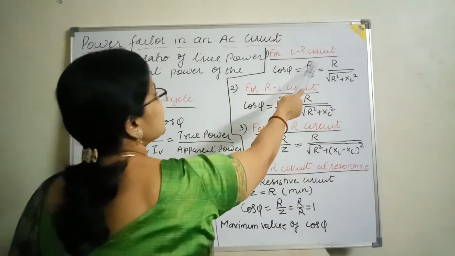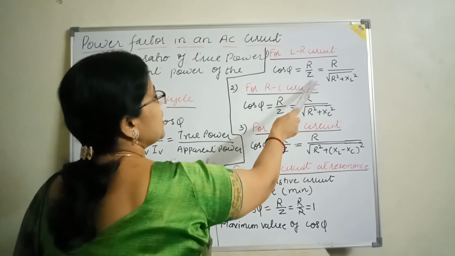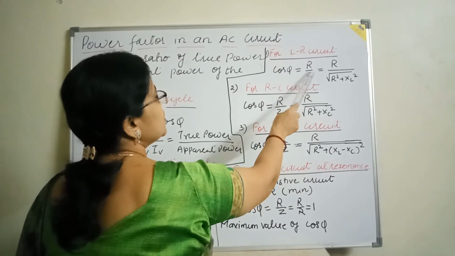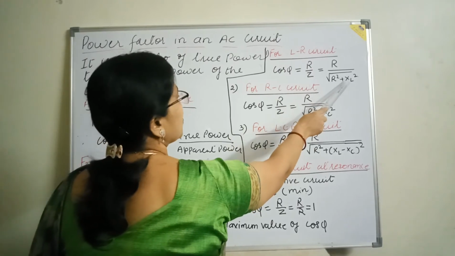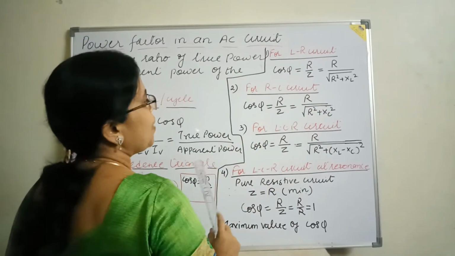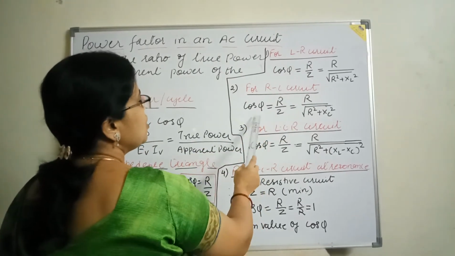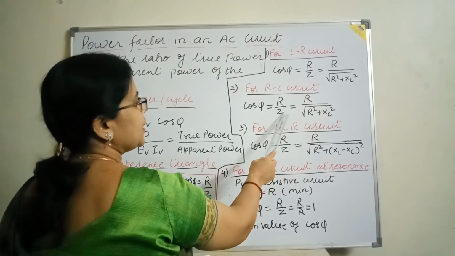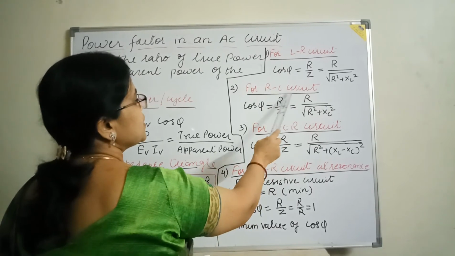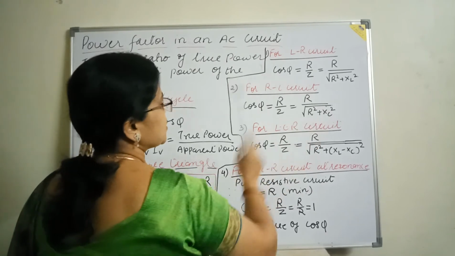So for the LR circuit, cos phi is equal to R by Z, where Z is under root of R square plus X_L square. So this is the formula of the power factor in the case of the LR circuit. Now in the case of the RC circuit, cos phi is equal to R by Z again, and the impedance is under root of R square plus X_C square.